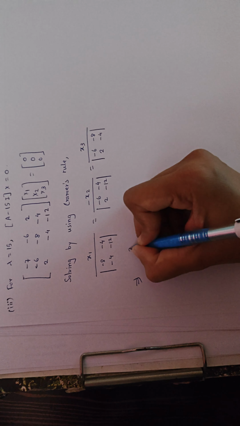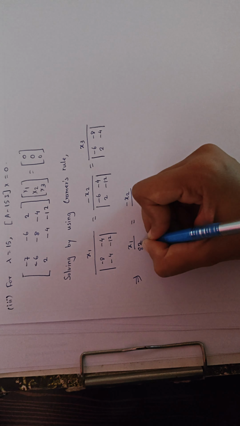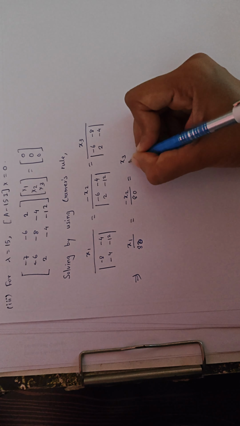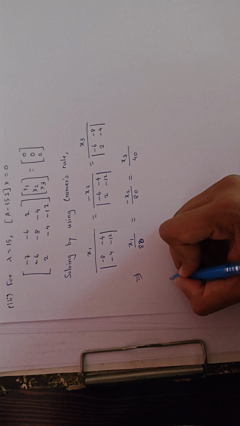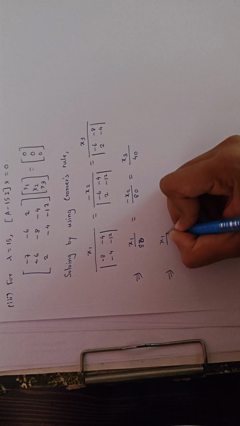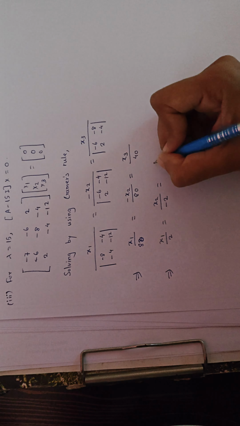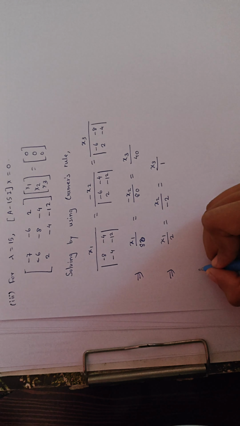So this implies x1 upon 80, minus x2 upon 80, which is equal to x3 upon 40. So this implies x1 upon 2 is equal to x2 upon minus 2 is equal to x3 upon 1.